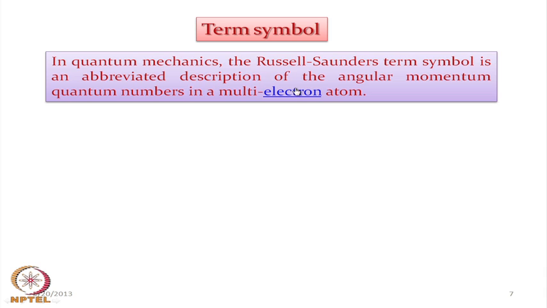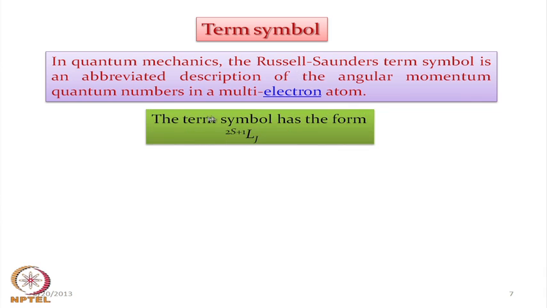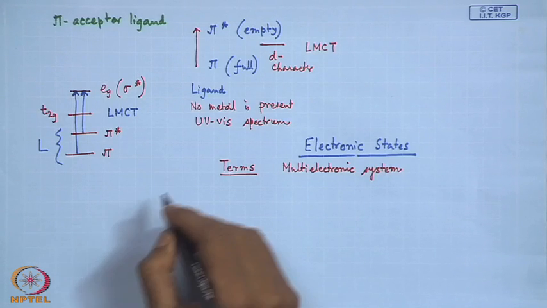How do we find the total angular momentum of a multi-electronic system, and how do we define the spin values? That can be known from this coupling scheme, known as RS coupling or LS coupling. We define the term symbol in the form of 2S plus 1, where S is the total spin value, and the L value and the J value come from the coupling between L and S. This is the Russell-Saunders coupling.